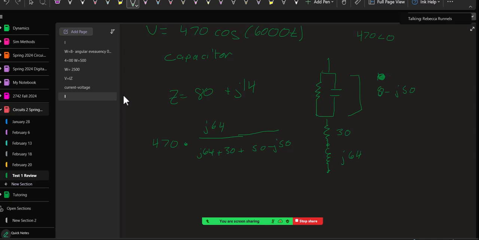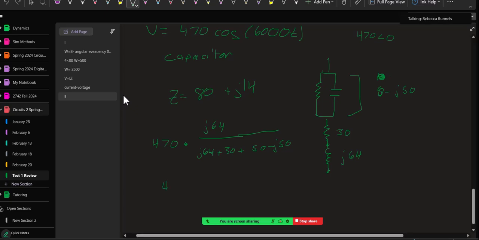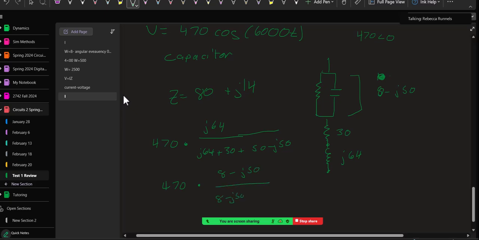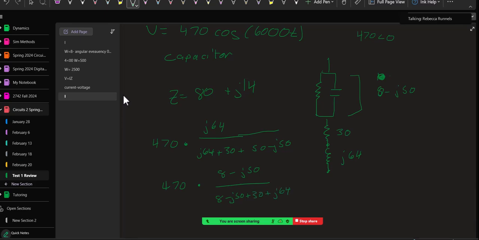But across the capacitor, I would do 470 times 50 minus j50 over 50 minus j50 plus 30 plus j64, because since the capacitor and the resistor are in parallel, they have the same voltage. So I don't have to do them separately. The voltage across the capacitor is the same as the resistor that it's in parallel with.